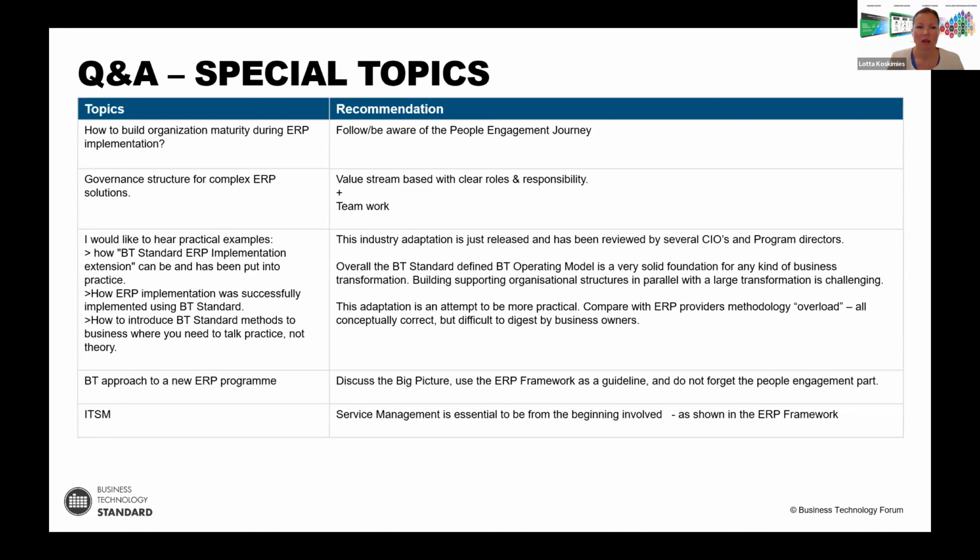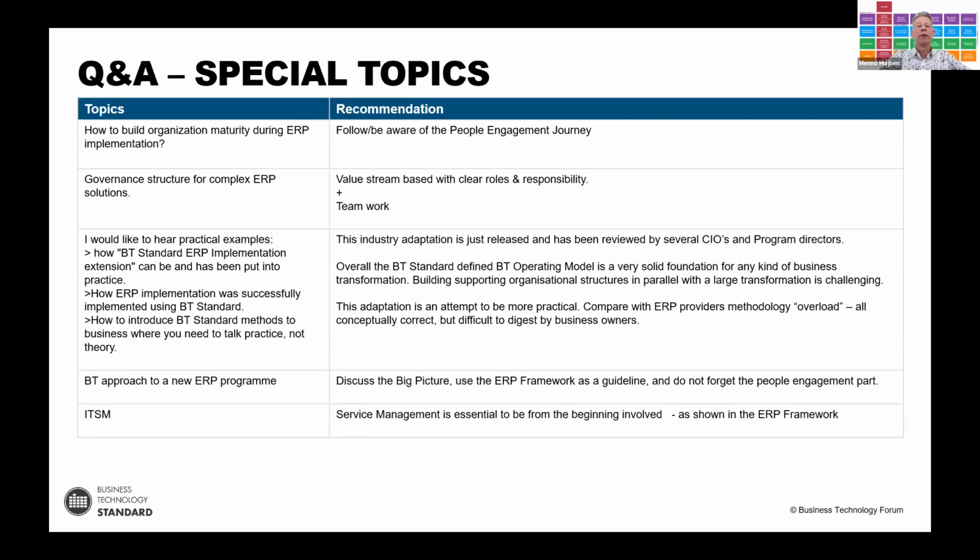Yes. All right. Then you did touch the governance structure a little bit there. Do you want to elaborate that a bit? Yeah, definitely. Our suggestion is really to use something similar, if not exactly this value stream setup. I think that will help you to get the right governance structure in place.